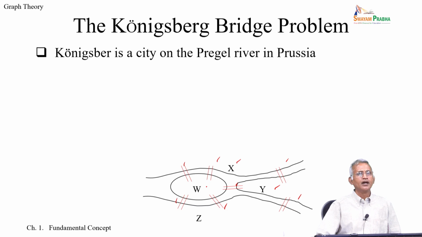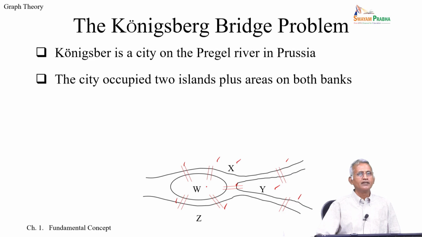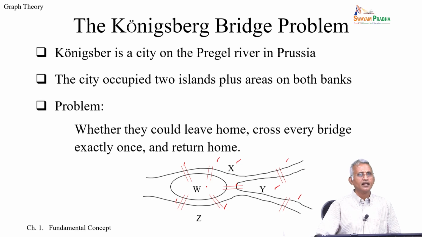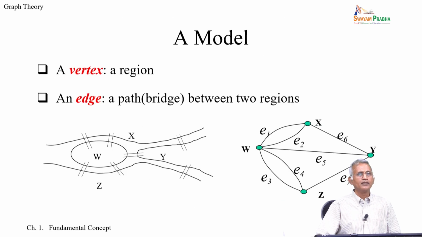Königsberg is a city on the Pregel river in Prussia, and the city occupied 2 islands plus area on both banks, and the problem was whether they could leave home, cross every bridge exactly once and return home. Now a model. We need a vertex as a region, and an edge as a path or bridge between the 2 regions. So, this is the picture represented.